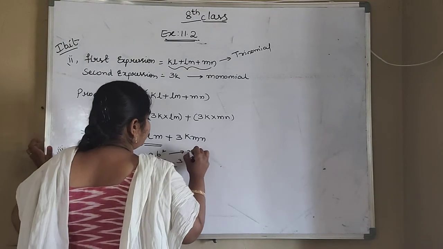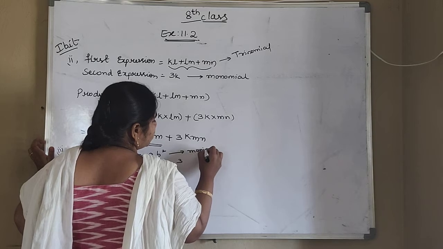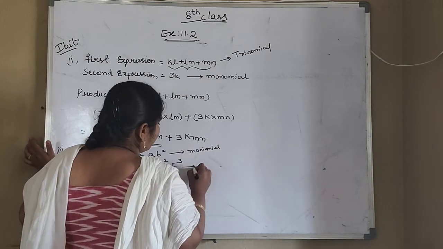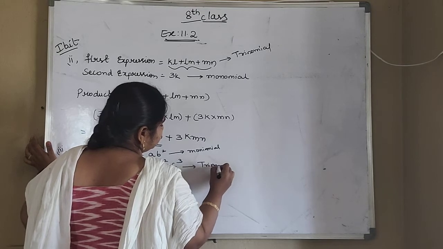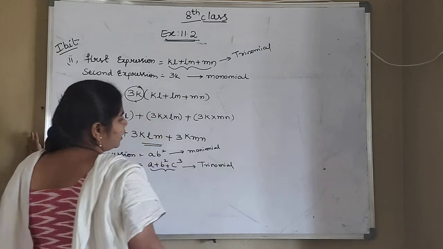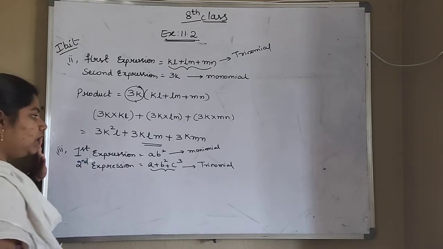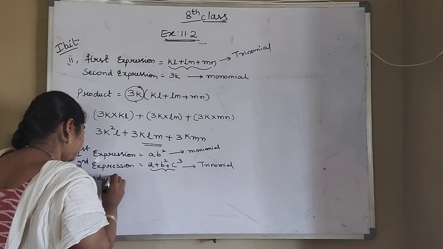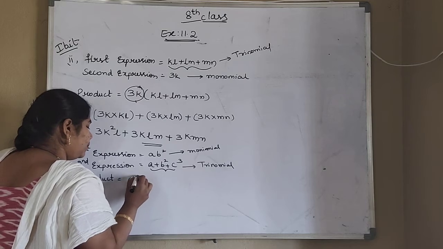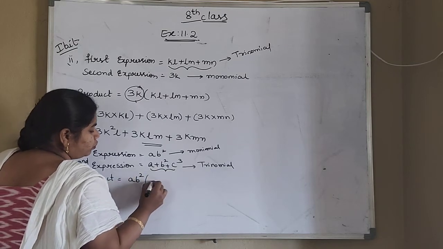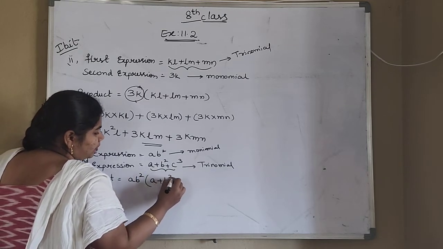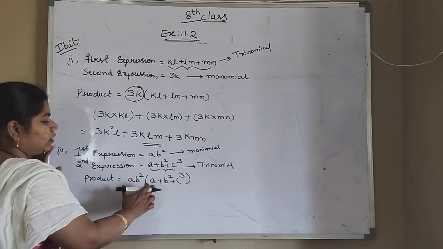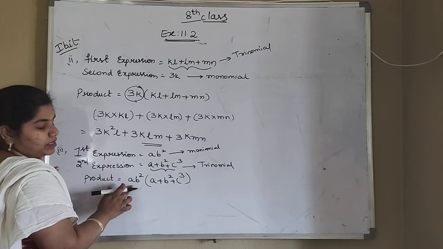Again this is a monomial because it is having only a single term, and this is a trinomial, it is having three terms. So again we are multiplying monomial with trinomial. So the product is equal to AB square into A plus B square plus C cube. Now each and every term should be multiplied with AB square.